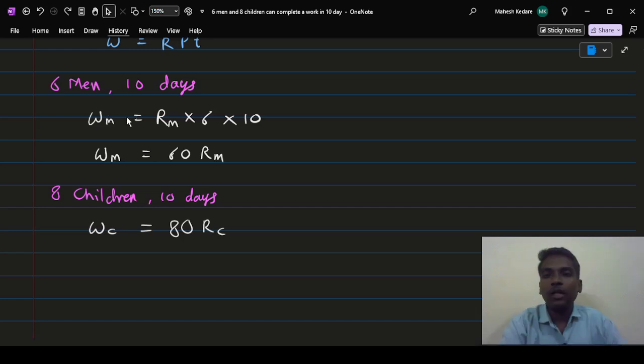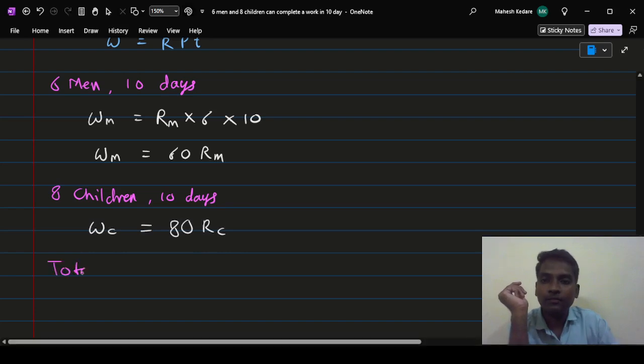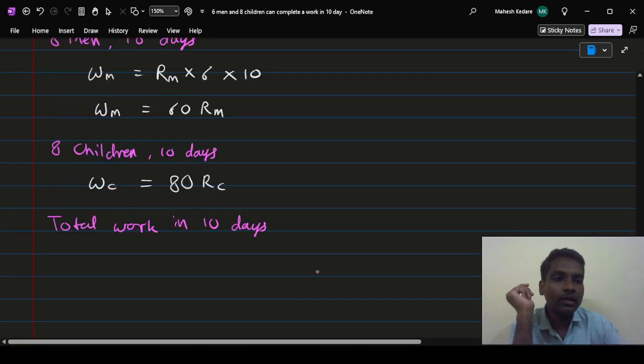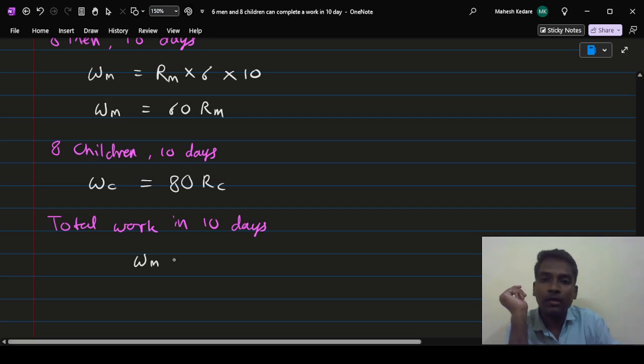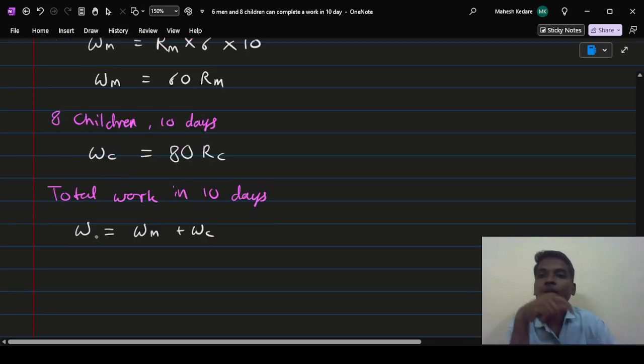Now in 10 days, 6 men do this work and 8 children do the work equal to 80 RC. So total work in 10 days is simply the sum of work done by 6 men plus work done by 8 children. We denote total work by W. Let's denote it by W1 for a reason that will become clear later.